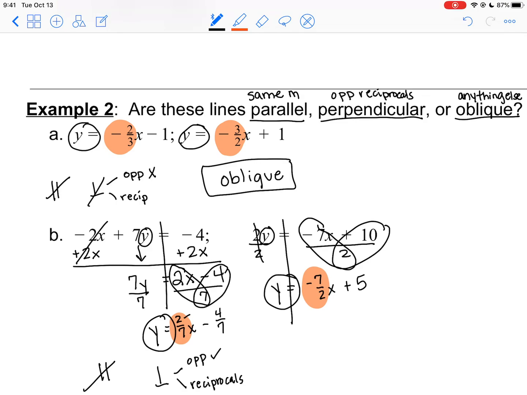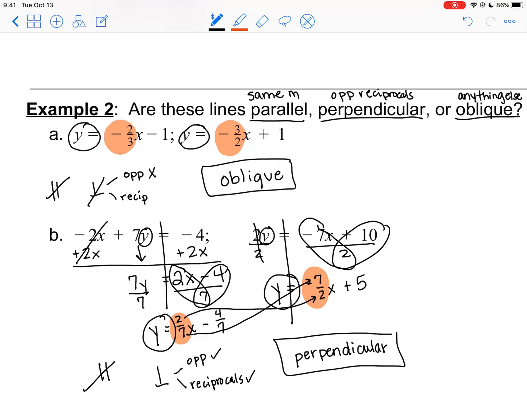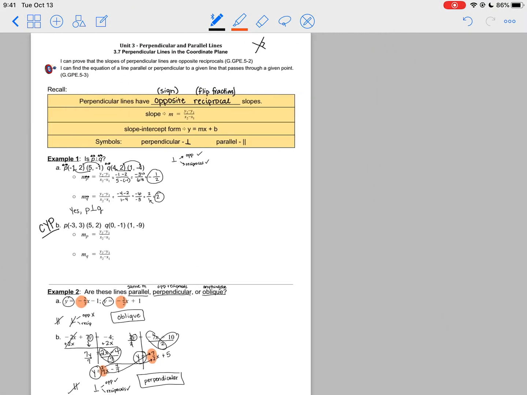So on the first one, the 2 is in the top, and on the second one, the 2 is in the bottom. So that one flipped over. In the first, the 7 is on the bottom, and in the second, a 7 is on the top. So they are also reciprocals. So these two lines are perpendicular. So the slopes were opposite reciprocals, and that makes them perpendicular lines.